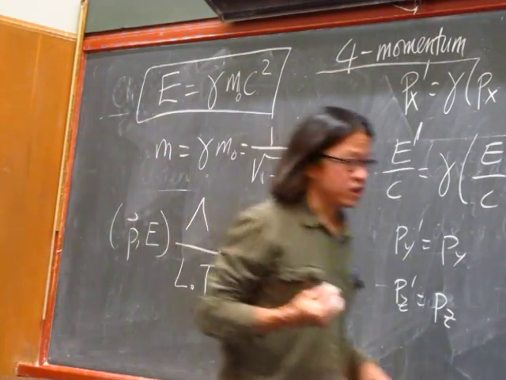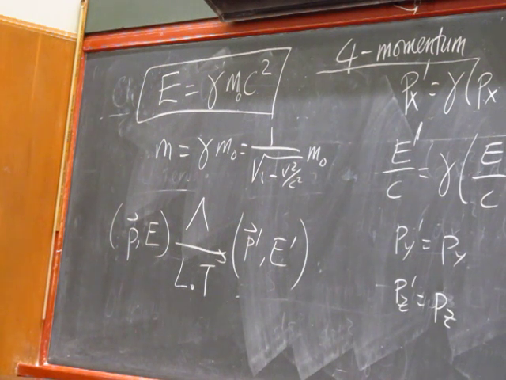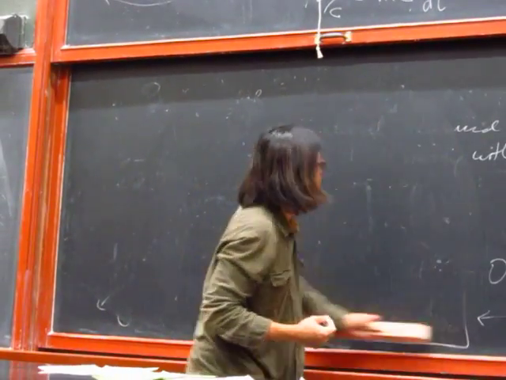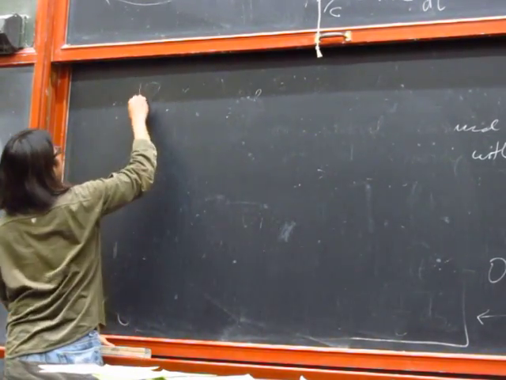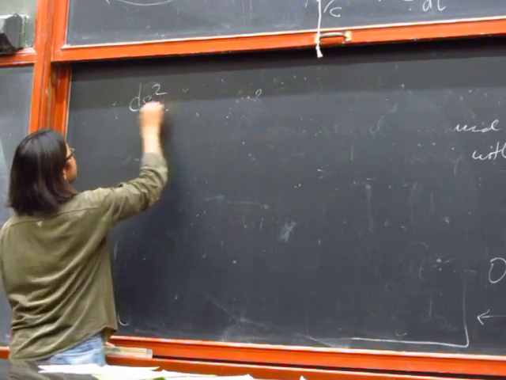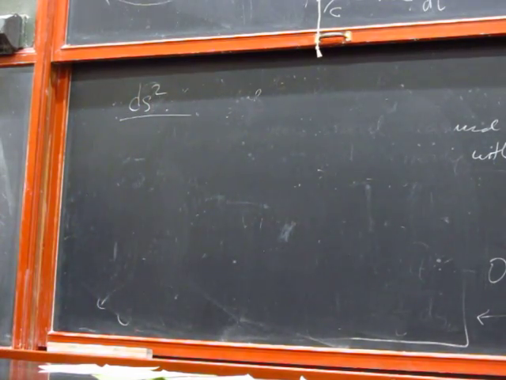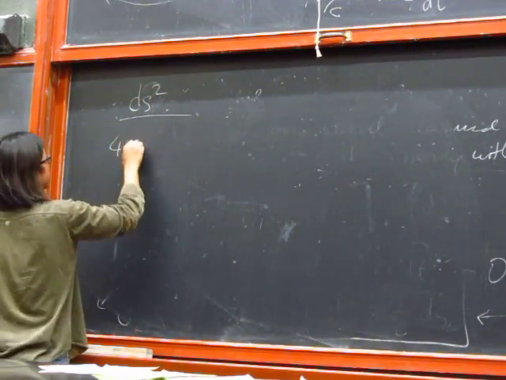And just like you have this invariant, ds squared, right? Same thing here, you have a four-momentum invariant.